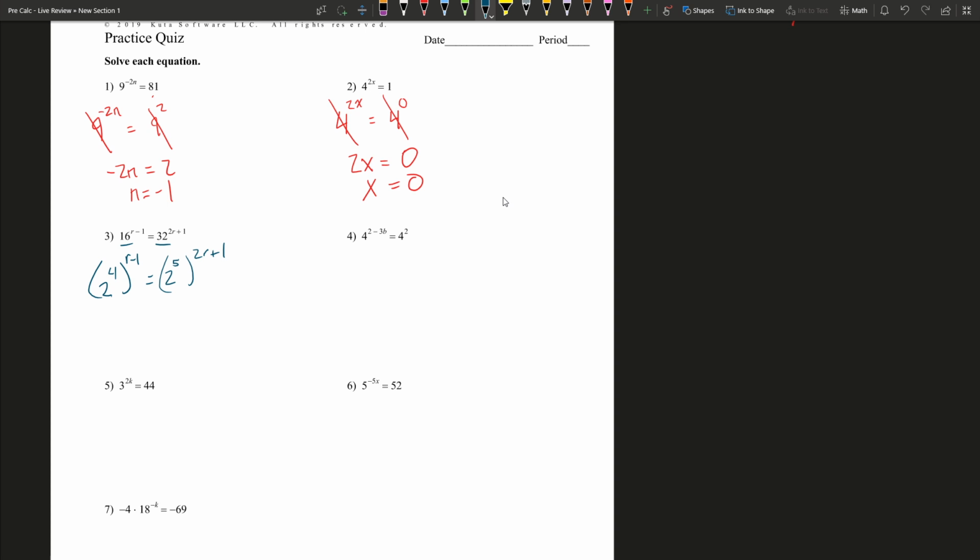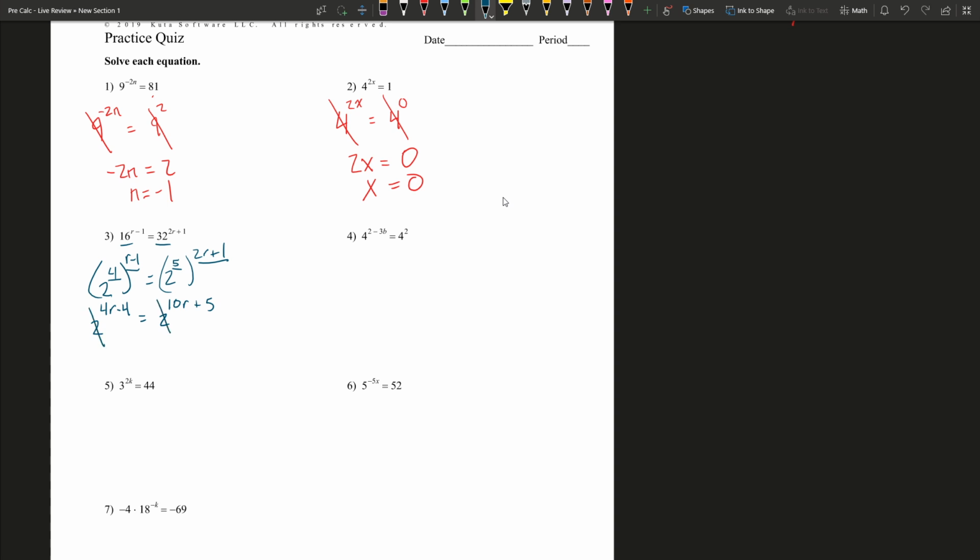And then again, we can use our properties of exponents. This 4 will distribute to the r minus 1, and this 5 will distribute to the 2r plus 1. So when we do that, we get 2 to the power of 4r minus 4 is equal to 2 to the power of 10r plus 5. Now that they have the same base on both sides, we can cancel them.